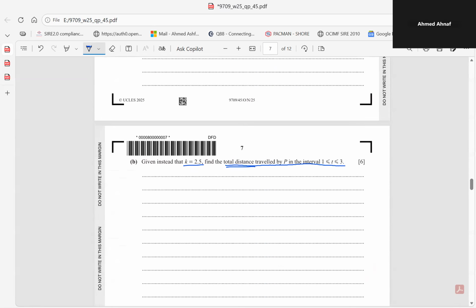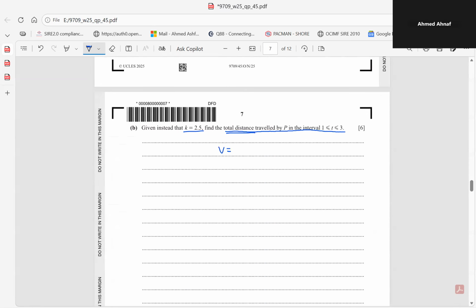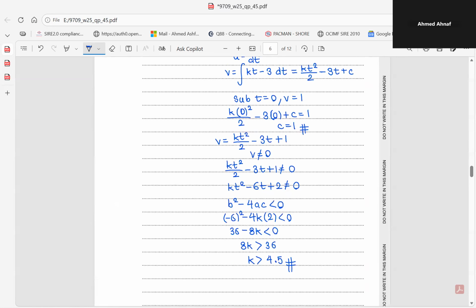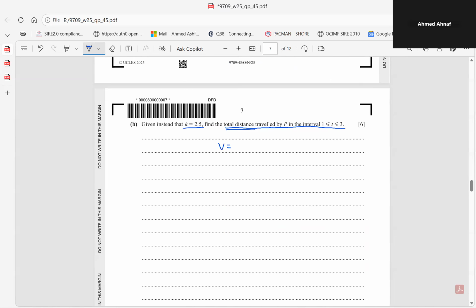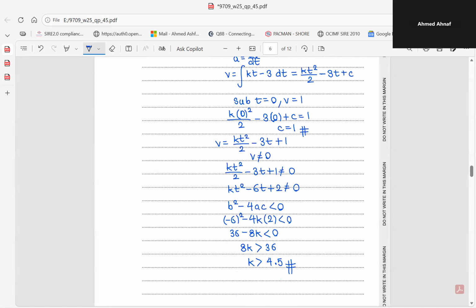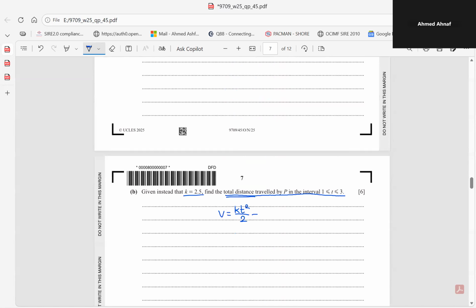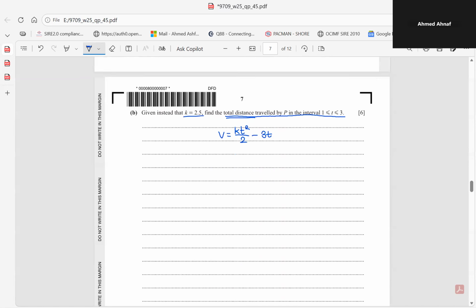So V, let's just copy down what V is. So V is equals to kt squared over 2 minus 3t plus 1. Oh, sorry, I forgot to substitute 2.5. So 2.5 divided by 2, you get 5 over 4 t squared minus 3t plus 1.